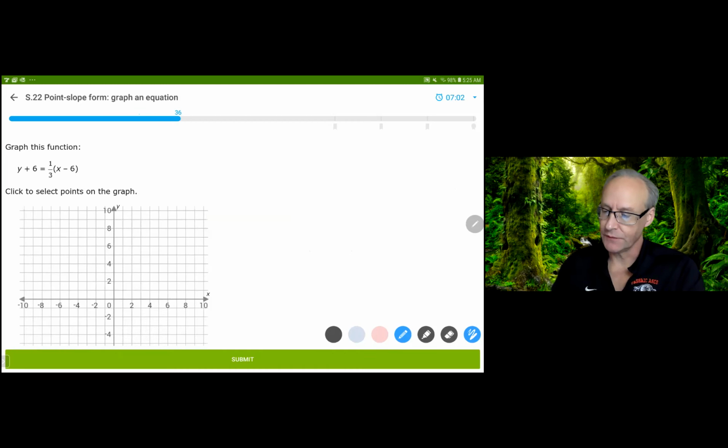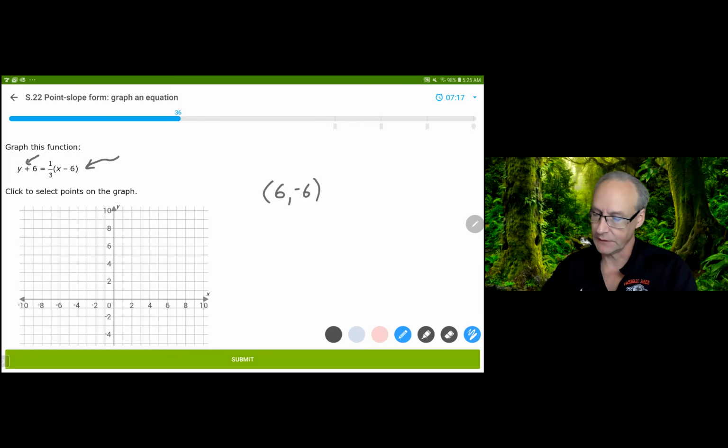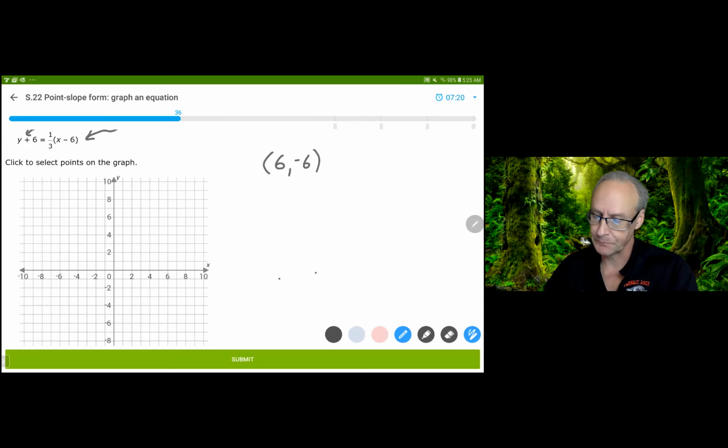Now we want to find a point that makes this side 0, which is going to be 6 for x, and I need to make this side 0, so I need a -6 for y. So 6, -6, which isn't showing on my graph. Let me just move this up a little bit. 6, -6 is right there.